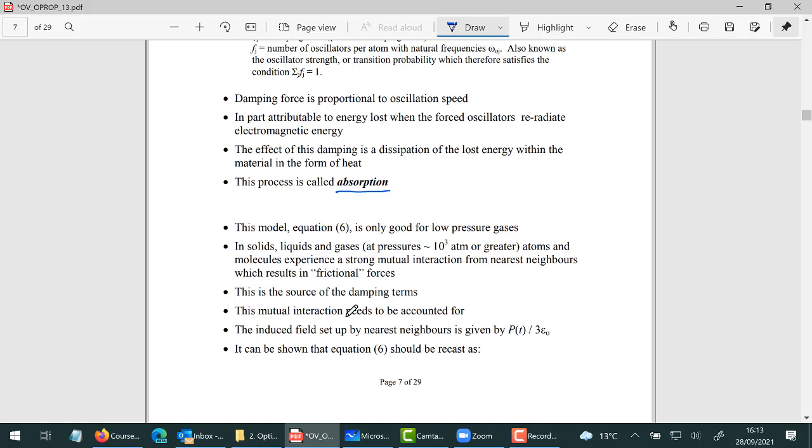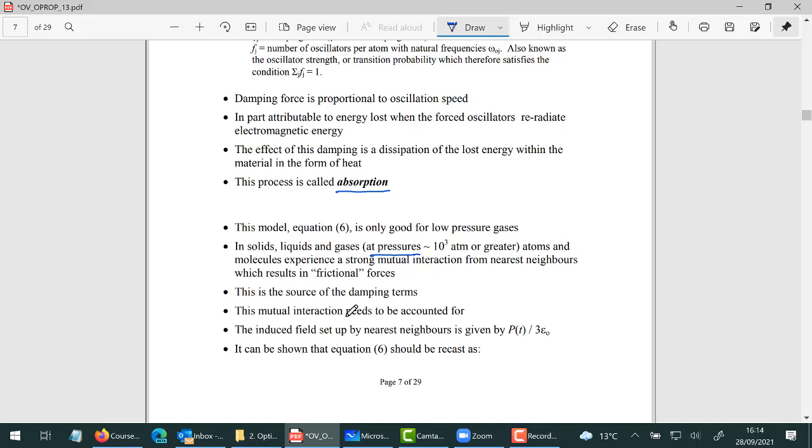So this model that we have, this equation, is only good, again, for low pressure gases. When we get to materials such as solids, liquids, or more dense gases at higher pressures, for example, then we have to take into consideration the effect of nearest neighbours.